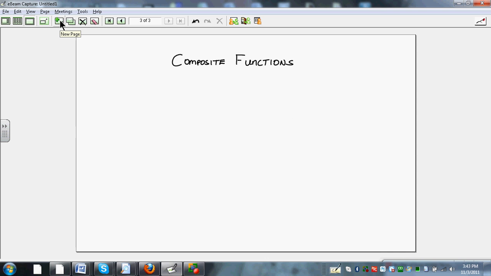Okay, so we're looking at composite functions now. And you write, given f of x equal to ax plus b. You can write as I write.